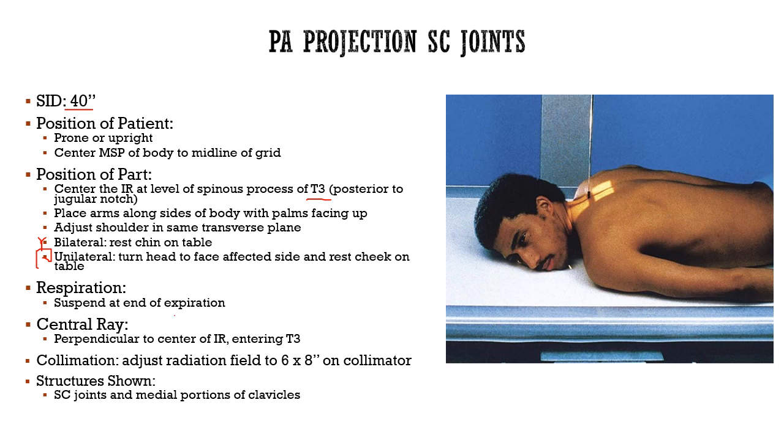So we're going to suspend at the end of expiration. We're going to center the image receptor entering at T3, and we're going to adjust the radiation field to a 6 by 8 on the collimator. We're going to be looking at SC joints and medial portions of the clavicles.